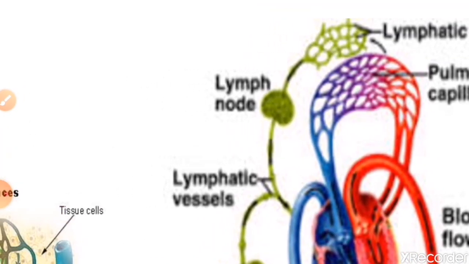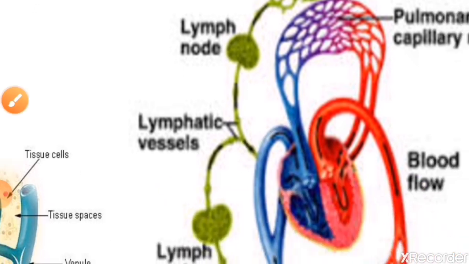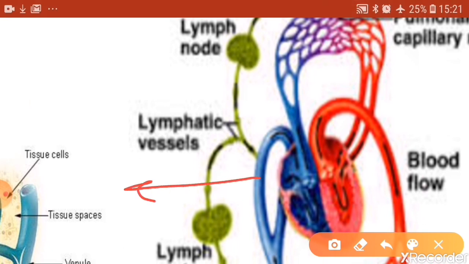The lymph vessels finally join the blood vessel, that is the vein. There's a vein present in the region of the heart. This vein that you see is called the subclavian vein. So all these lymph vessels with the lymph which has been collected are going to be drained back into the blood. Okay, so this is how the lymph is formed.